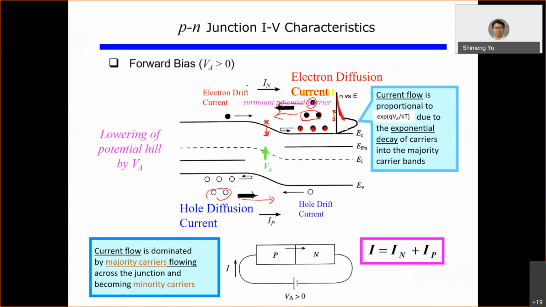Yeah, in this n-type semiconductor, the electron is a majority carrier, right? So still, you need to follow this exponential decay in the majority carrier here. So this exponential decay does not depend on the minority or majority. If you recall, this is from the Fermi function.